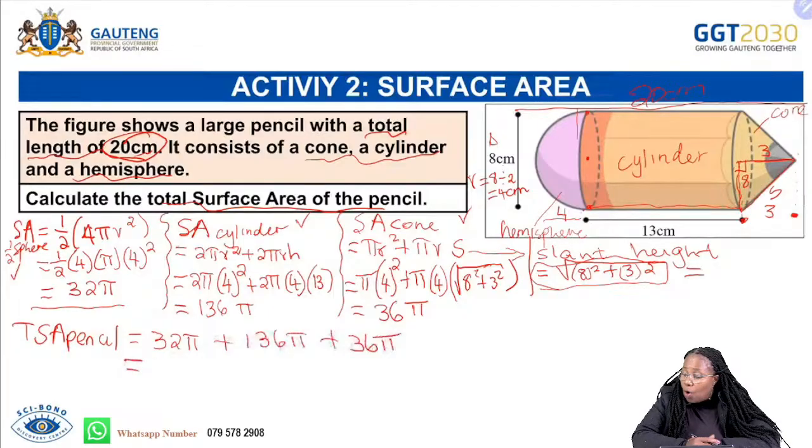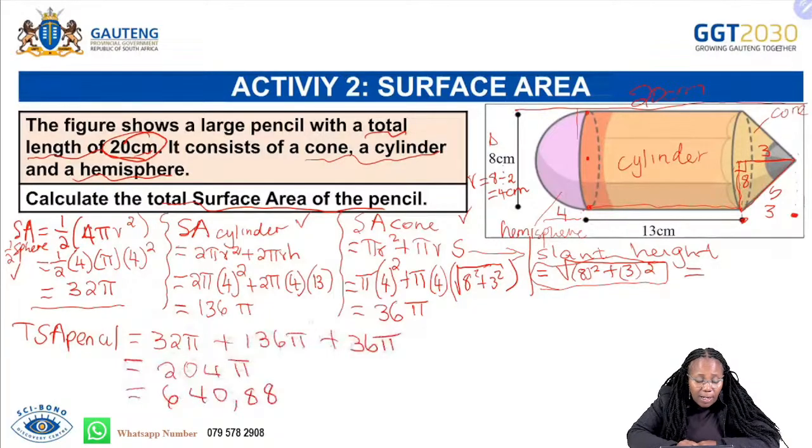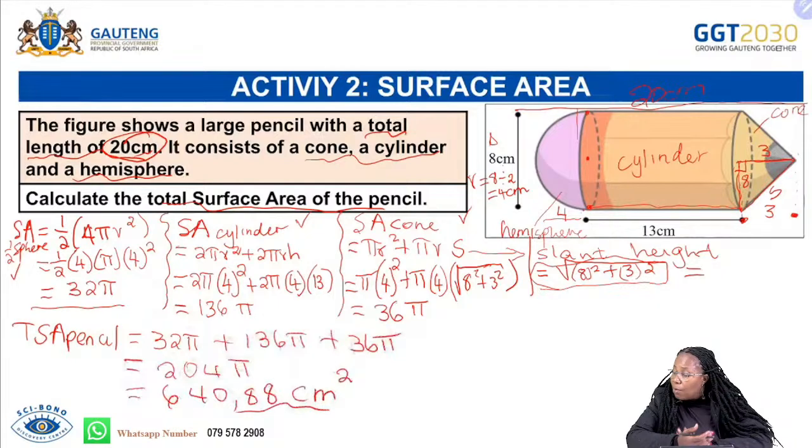So we are adding all these values, they give us 204 pi. If the examiner says leave your answer in pi, but if they say round off to 2 decimals, it will be 640.88. This is an area, so it will be in square centimeters, okay? It's a square unit. Now, grade 12, there are a lot of marks involved here.